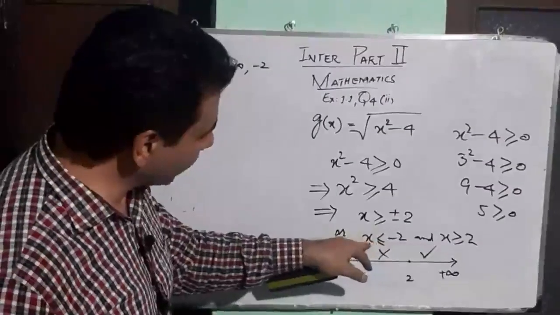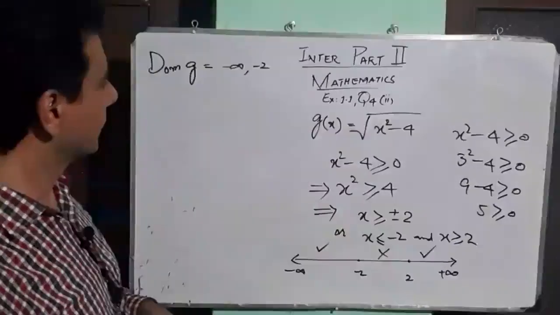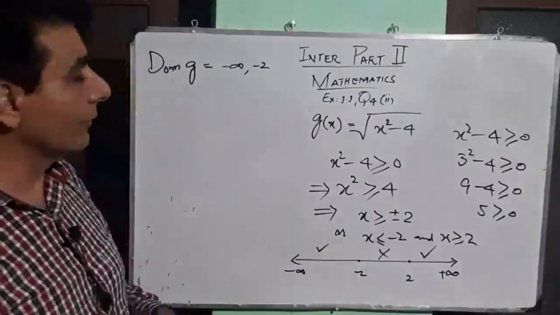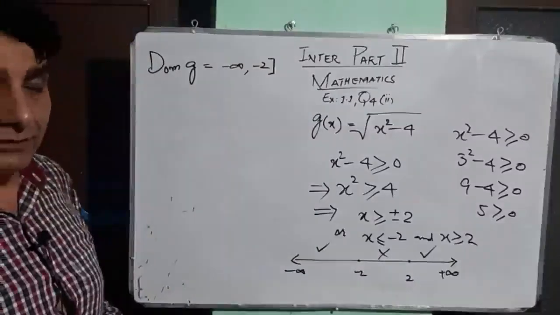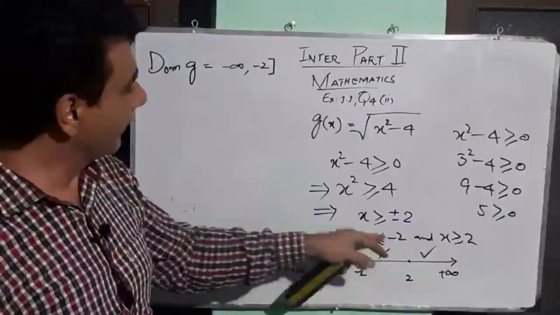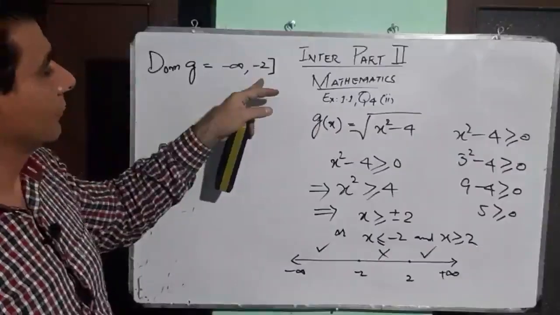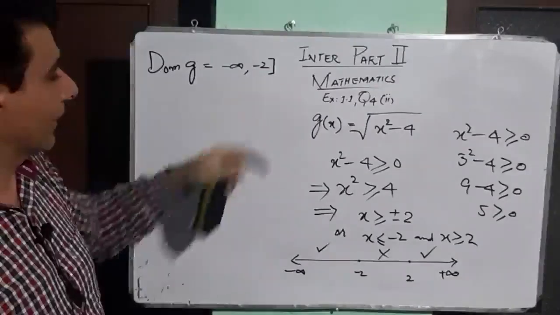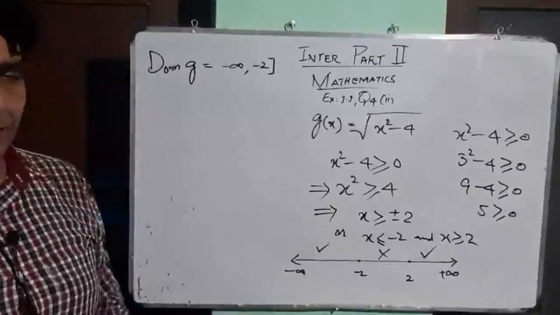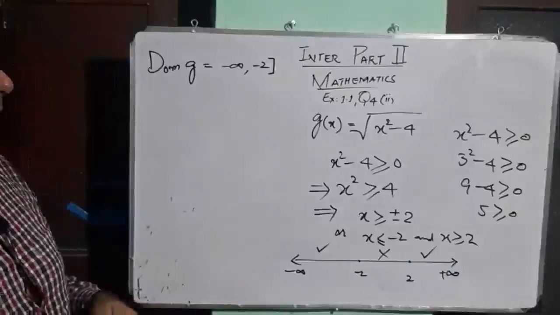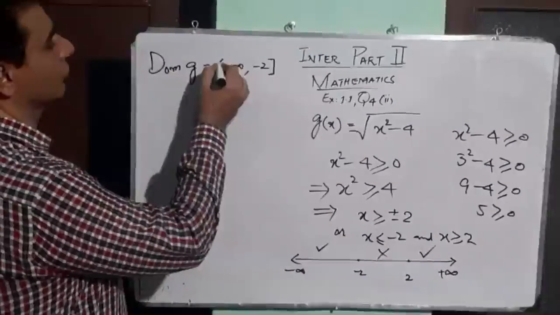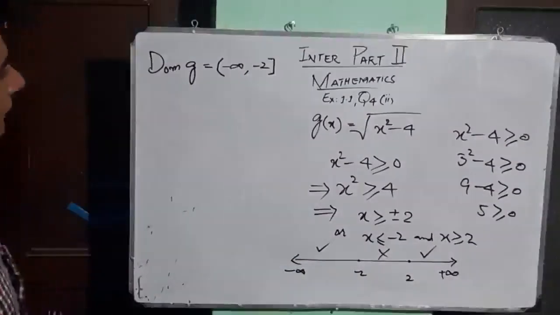Here x less than or equal to minus 2. Equals minus 2 means we will use the square bracket, it will include the value. As I have already told you, for infinity we will use the parenthesis.